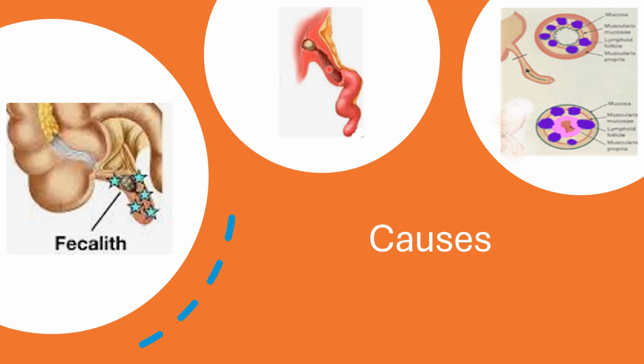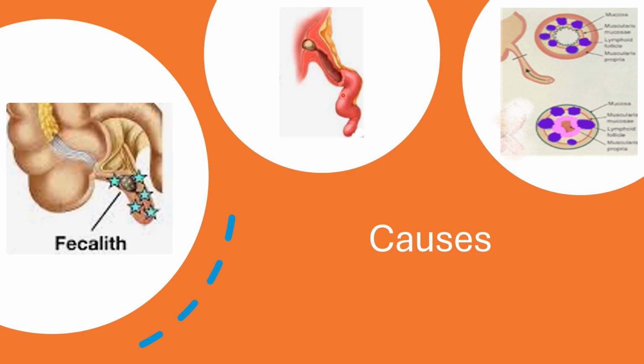Also, the inflammation puts pressure on the blood vessels that supply the tissue of the appendix. With that pressure and all the inflammation, it makes a good environment for bacteria to grow, because the tissue starts to have necrosis and die. So it's making a good place for bacteria to grow.